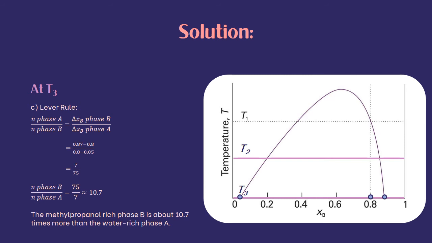Substituting values, we will know that the methylpropanol rich phase B is about 10.7 times more than the water-rich phase A at this temperature.